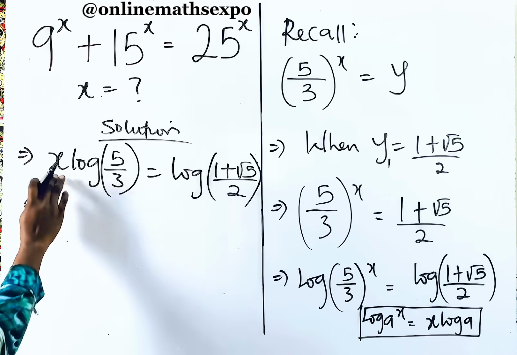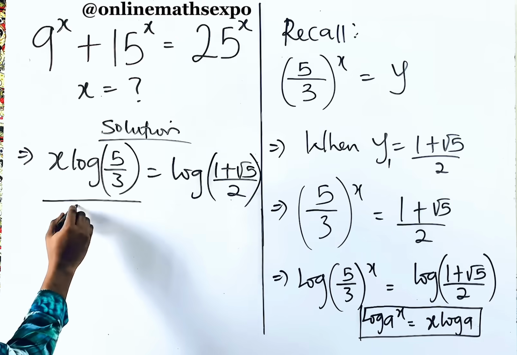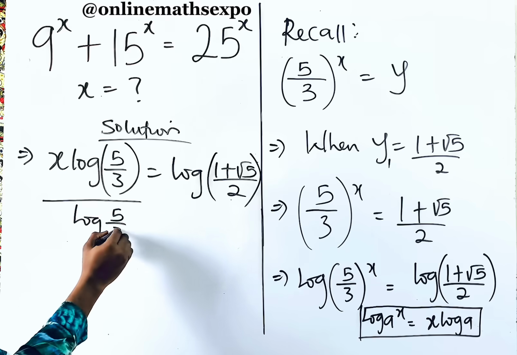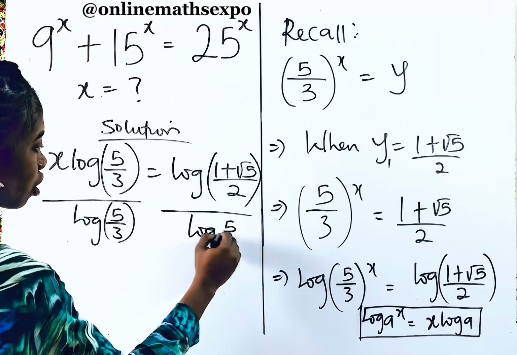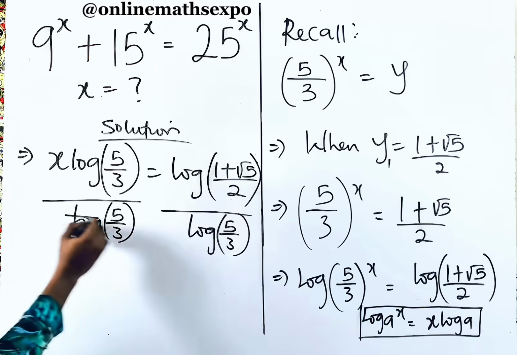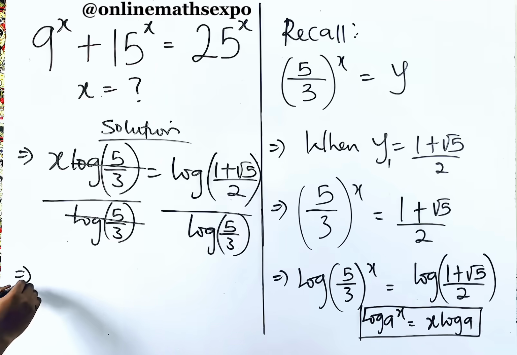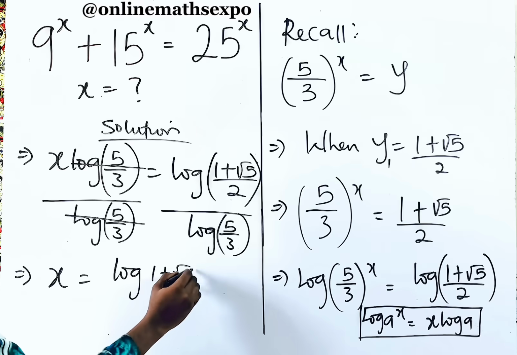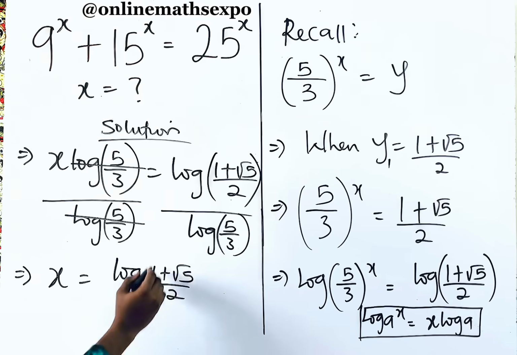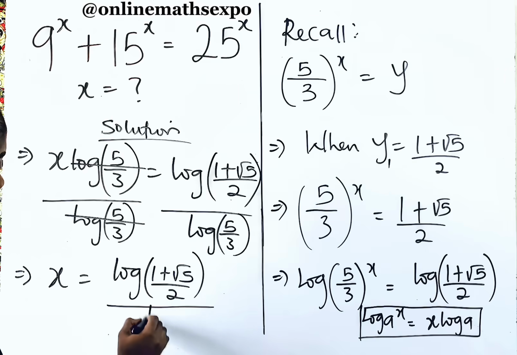To get x, we divide both sides by log of 5 on 3. Simplifying more, this takes off this, so we're going to have x is equal to log of 1 plus root 5 over 2, divided by log of 5 on 3. Now simplify more.